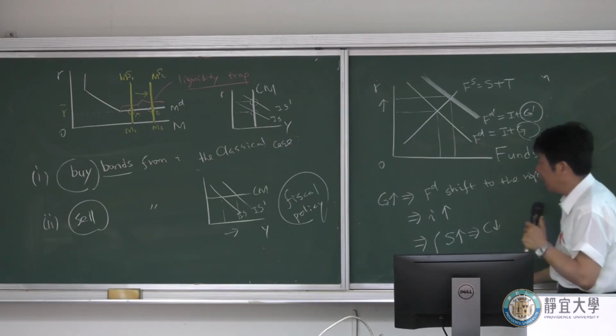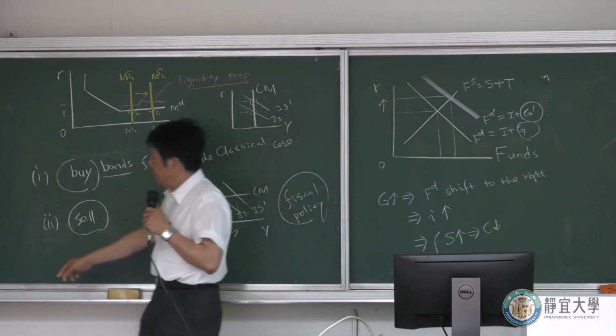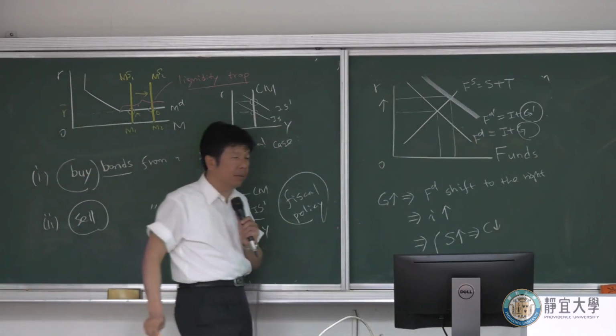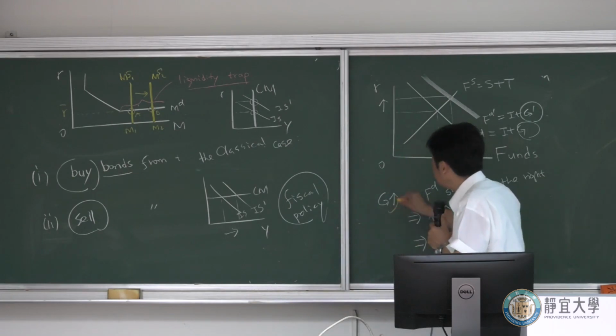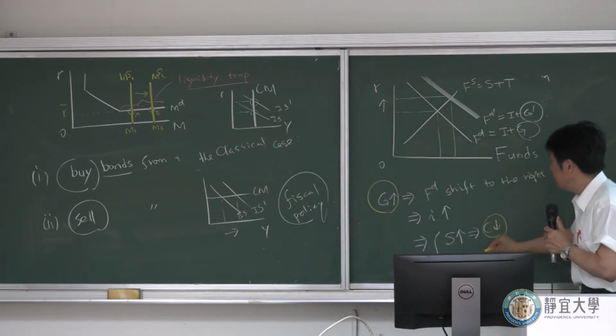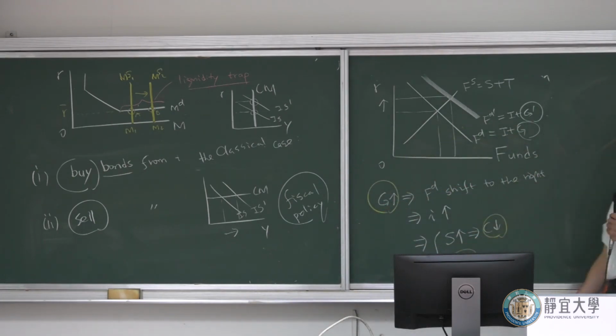So here you can see the government spending increase, but the consumption and the investment decrease.